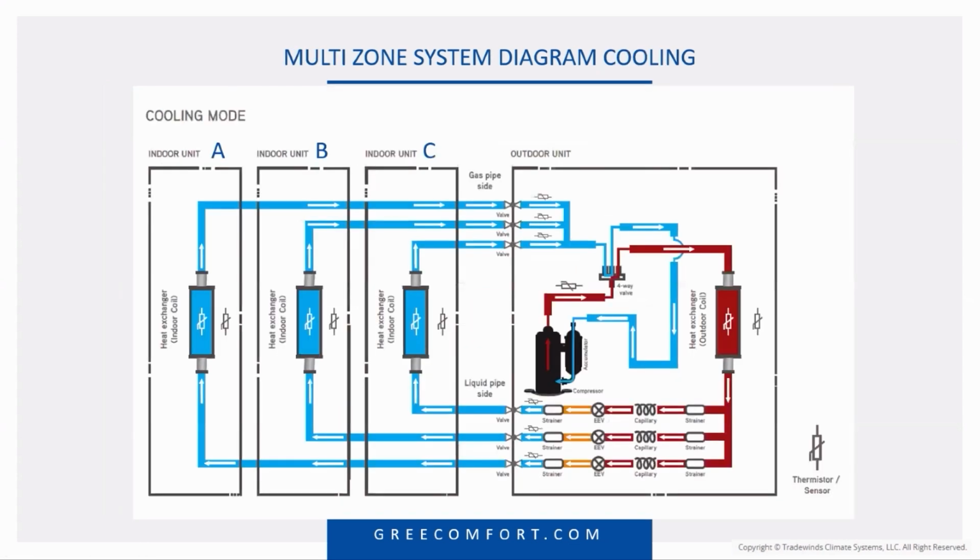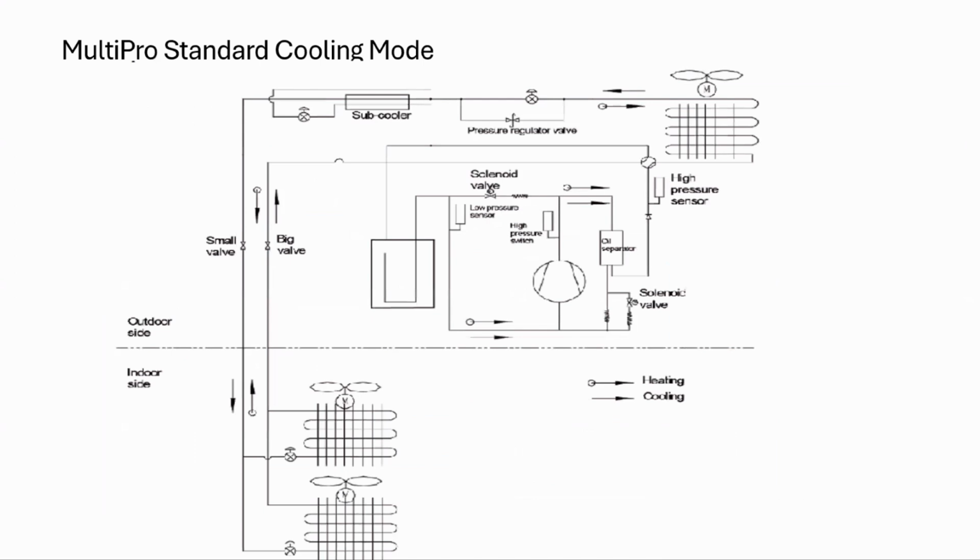So we go into a multi-zone. You've got a set of refrigerant lines for each indoor unit. So one indoor unit is going to have a gas pipe, and it's also going to have a liquid pipe for each indoor coil. So when we get into MultiPRO, we're not doing that.